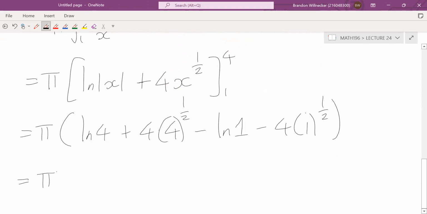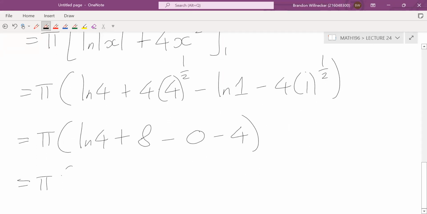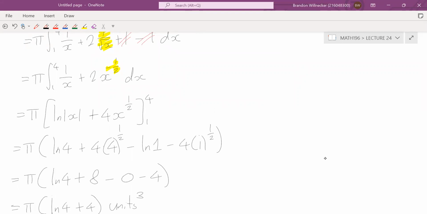Okay, so this is going to be pi, the natural log of 4 plus 4 times 2, that's going to be 8, minus 0, because the natural log of 1 is 0, minus 4. So that's going to be pi, the natural log of 4 plus 4 units cubed. Okay, so that's how we find the volume in this case.